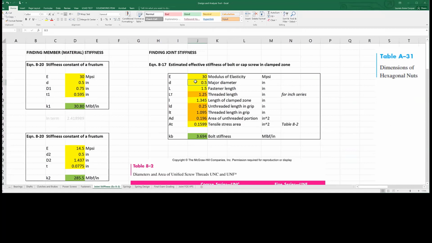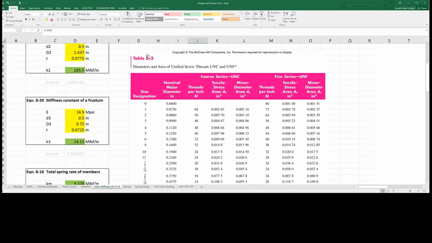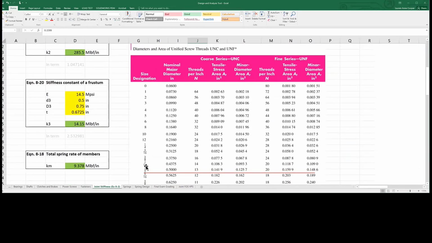So D is 1/2 inch. AD would be an automatic calculation, so it's orange. AT, reference table 8.2. So table 8.2, our size designation is 1/2. And if you remember, we have a fine series bolt, so our tensile stress area AT is 0.1599 inches squared.